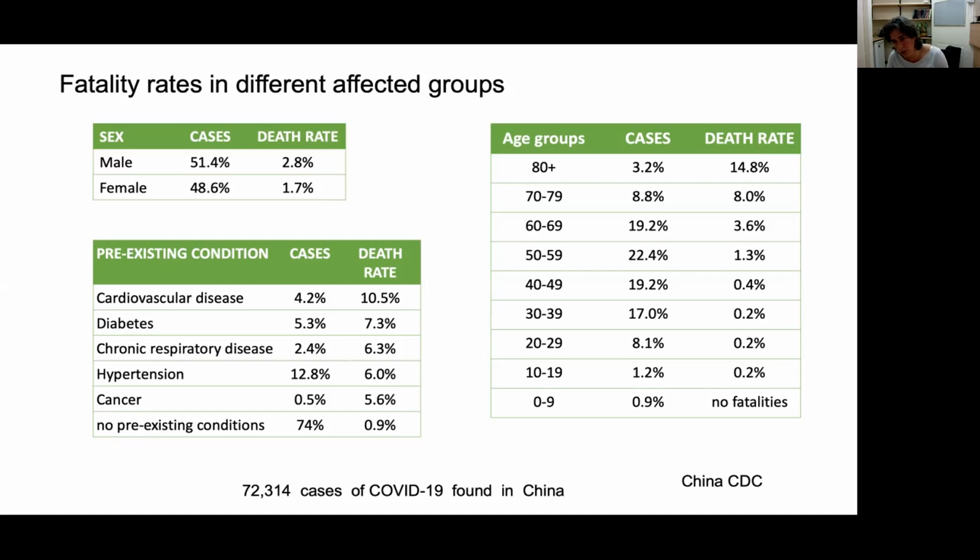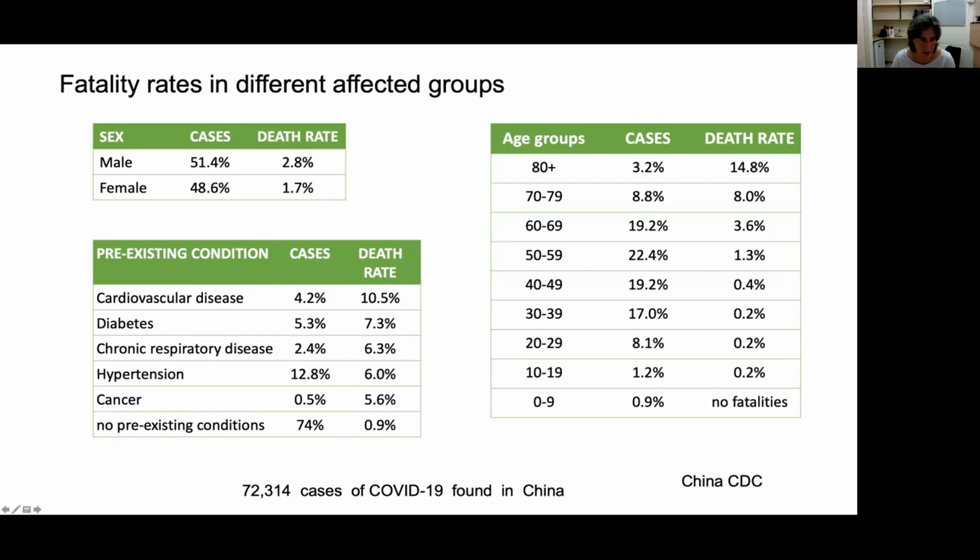There was a rumor that children don't get infected, but that's not correct. A different study that was published recently showed that the percentage of infection in children is similar to the percentage of infection in the general population. So they do get infected, though they probably get some form of milder disease.